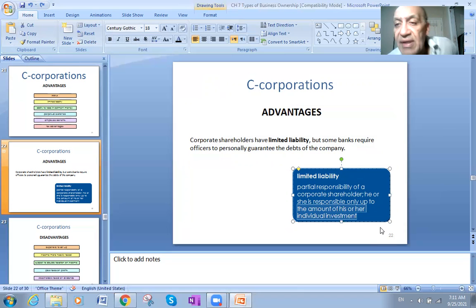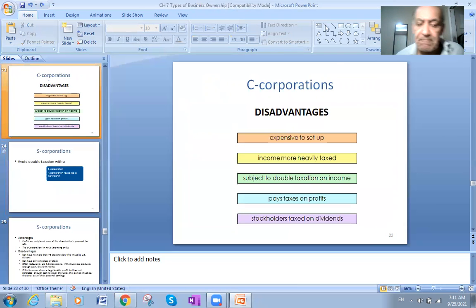So only based on my investment, I'm responsible about this part only. I'm not responsible for each penny of the company's losses. I'm only responsible for what I paid to buy shares. This is my responsibility.